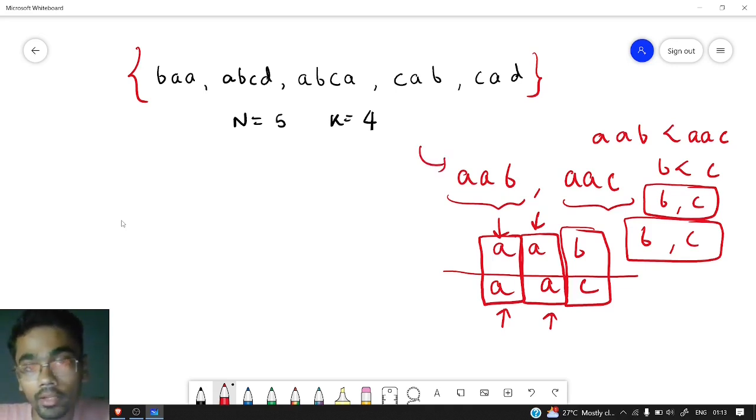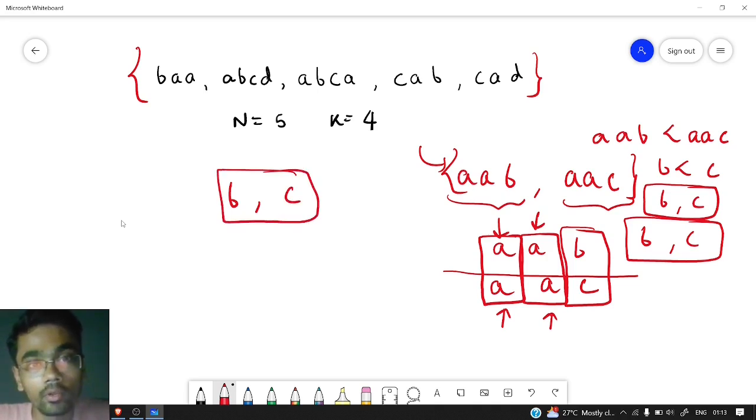So in this particular test case that we have taken, AAB and AAC, we can say that B is coming before C. So this is one particular order we can figure out from these two words.